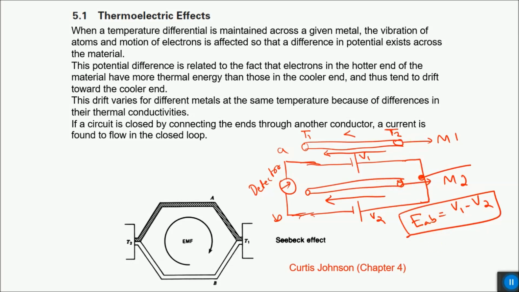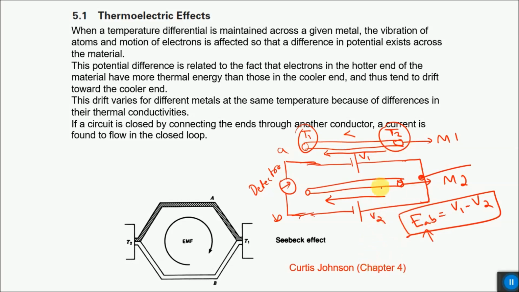In fact, thermocouples work for both positive and negative values of voltage output, depending upon the type of junction they are forming. And this EAB can be related to these temperatures T1 and T2, the difference in these temperatures. So we can relate T1 and T2 to this EAB, but we have to know the magnitude of both to get that EAB.